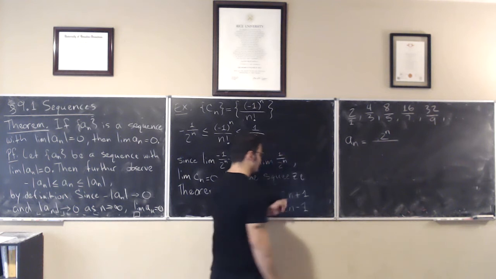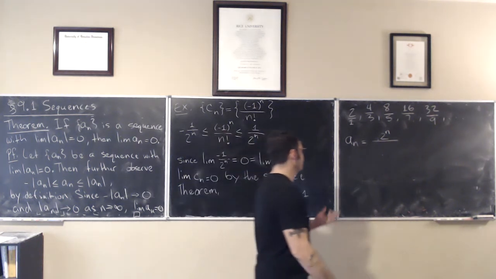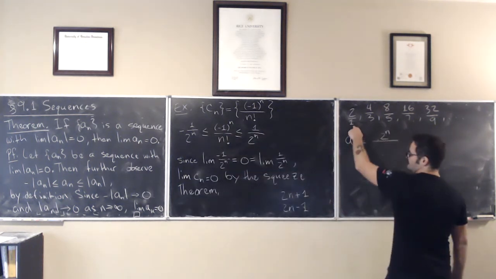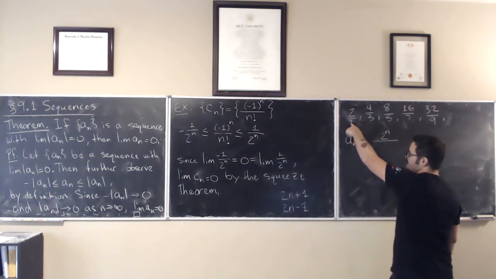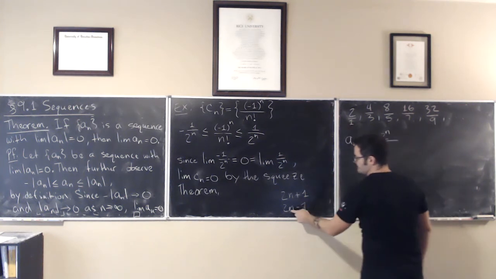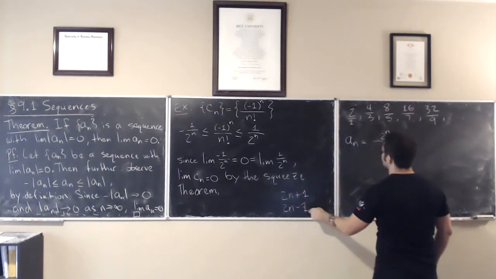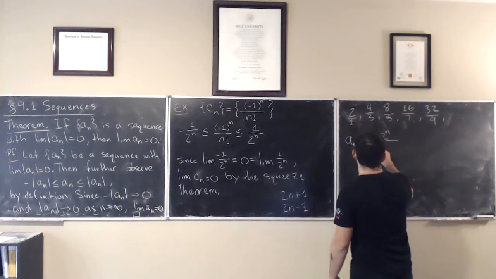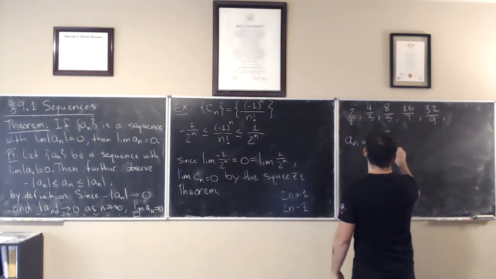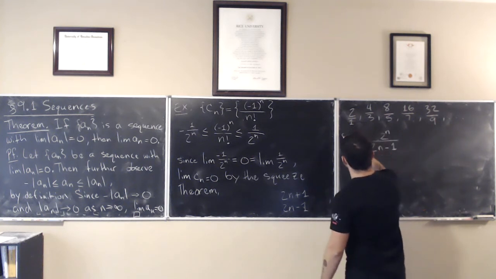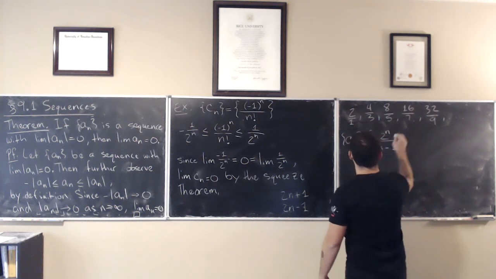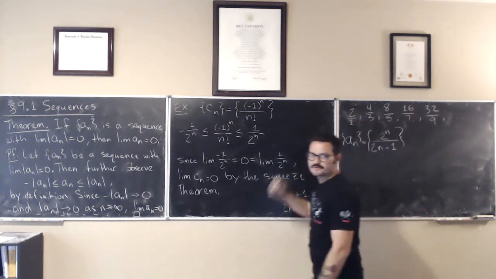It's just twice an integer minus 1. So how does this look? When n is equal to 1, this is 2 times 1 minus 1. When n is equal to 2, 2 times 2 minus 1. Yeah, that looks like it. I think that's the sequence.